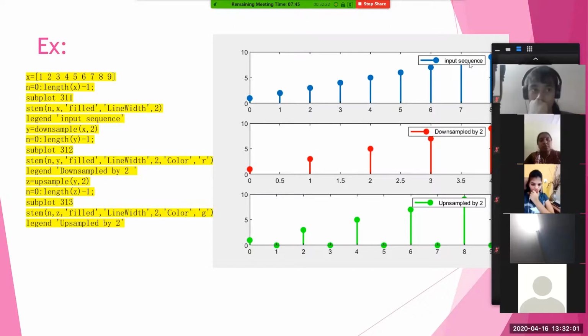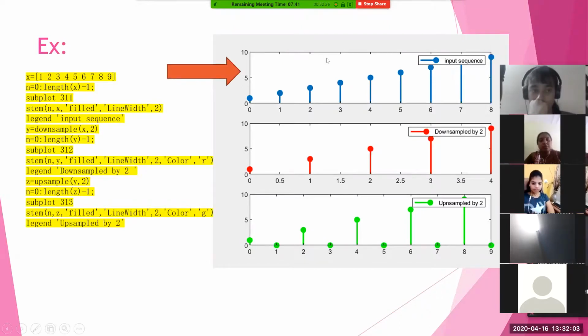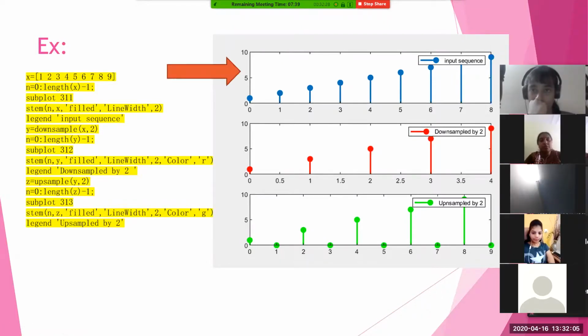This is the original sequence. Careful, this is the original sequence. Now I have downsampled it, and here you can see that certain samples have disappeared. Again, I have upsampled it. But if you look at the first sequence and the third sequence, they are not the same.